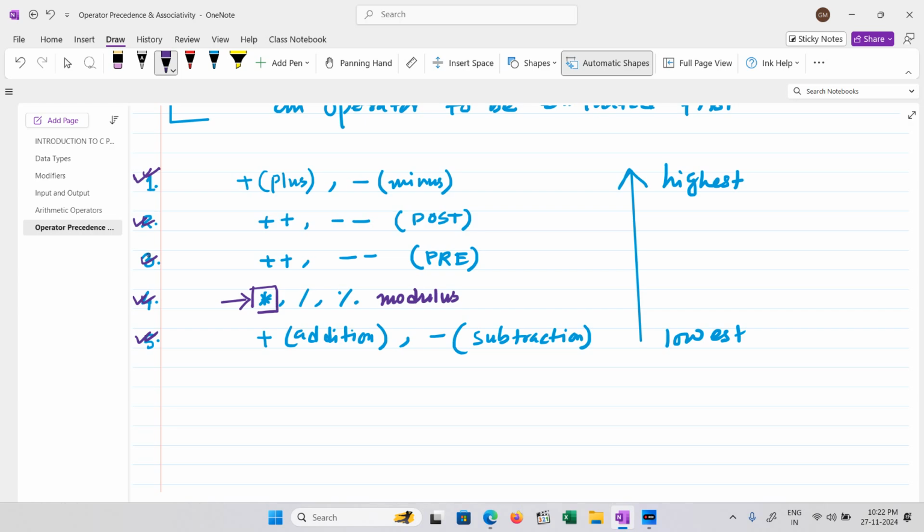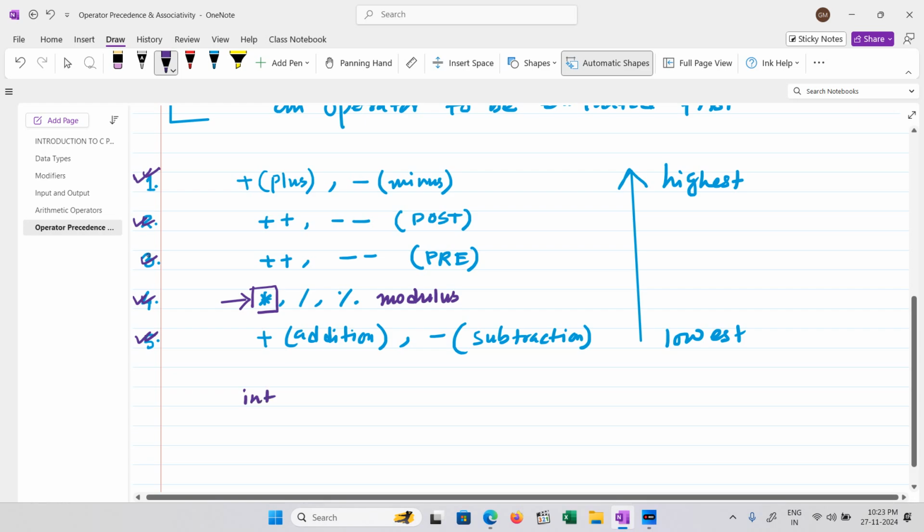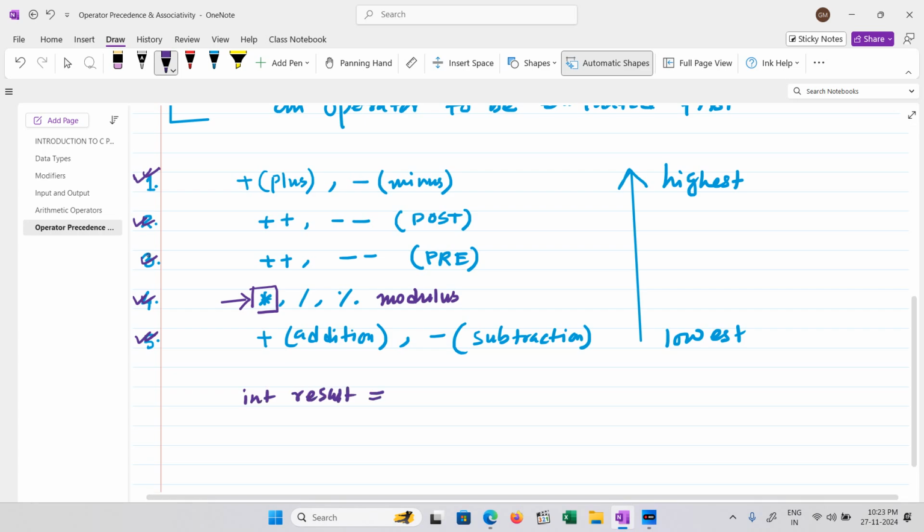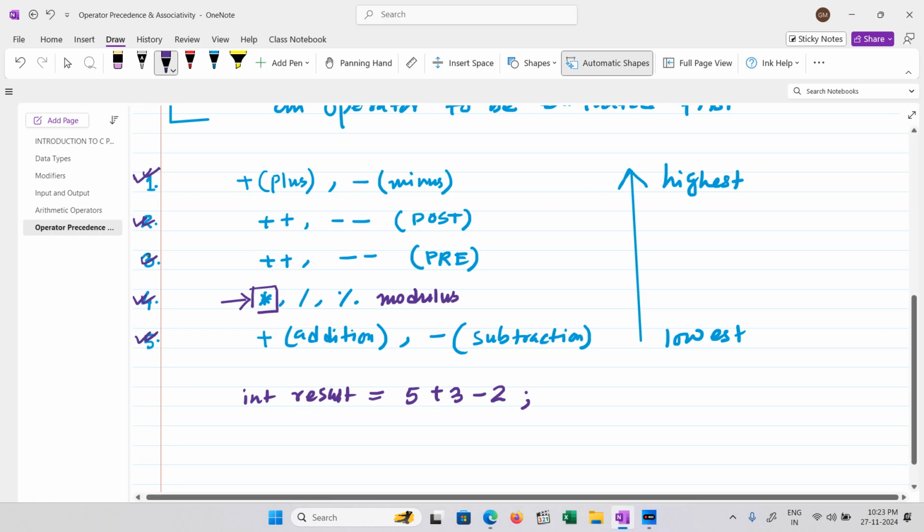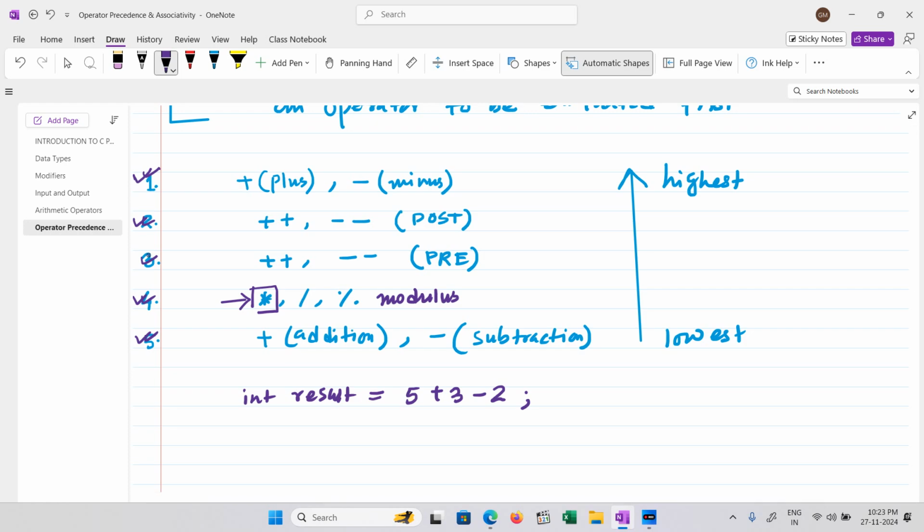So what if there is an expression, integer result equal to, we want to evaluate 5 plus 3 minus 2. Which part of the expression will be evaluated first? For this we first refer to the operator precedence table.